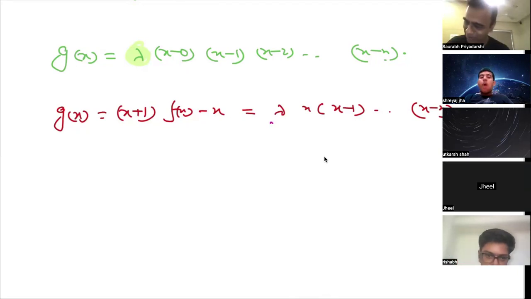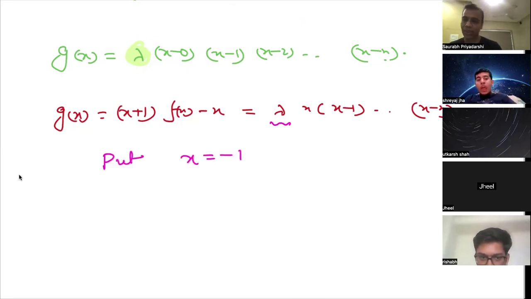Now, a big but: the big question is, we have to find the value of lambda. How to find the value of lambda? It's a very good piece of work Rishabh has done. You have to put x equal to minus 1. When we put x equal to minus 1, this term will be 0, and 0 into this will be 0.